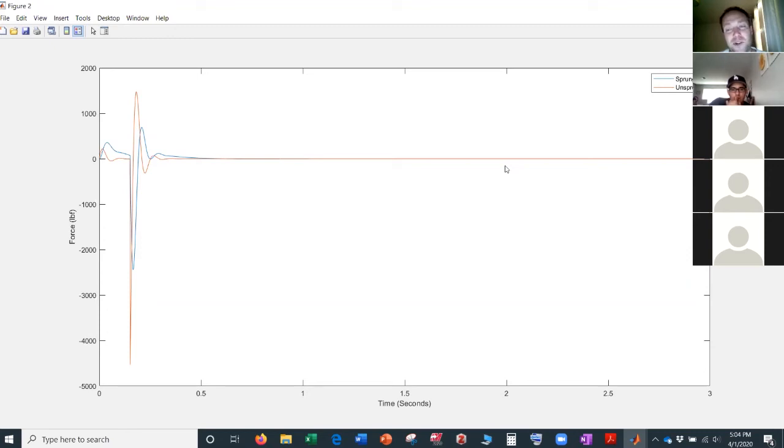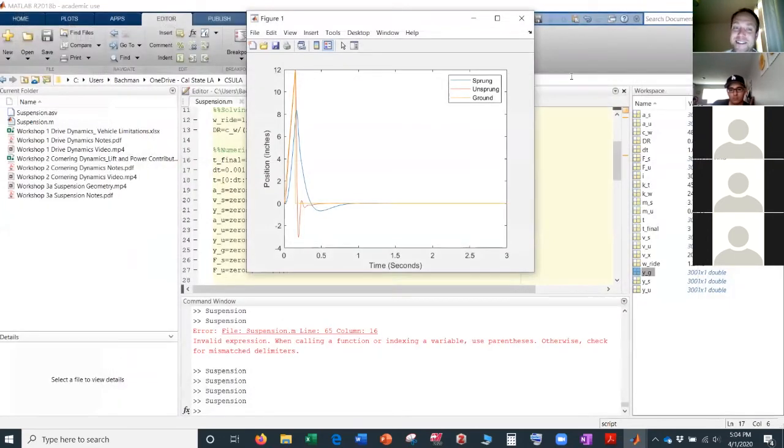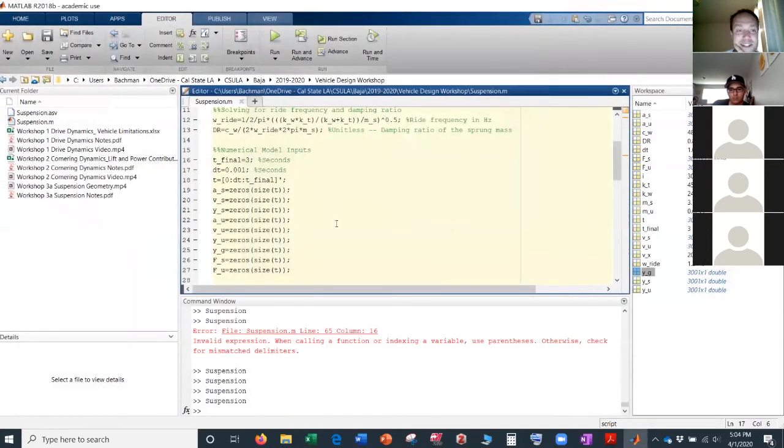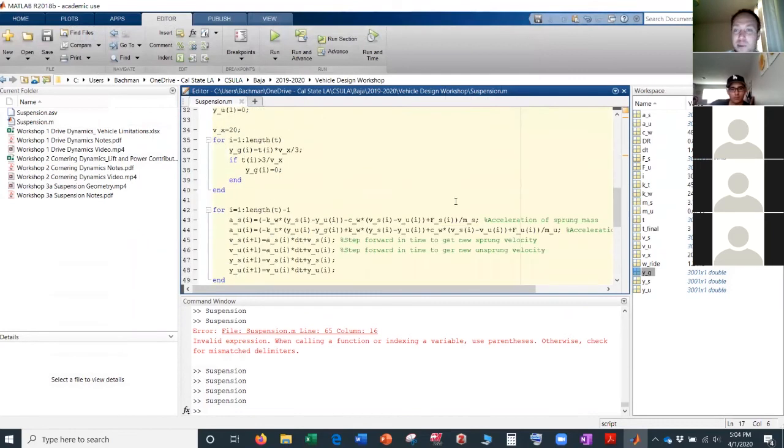To solve for the landing issue, let's see here. The negative acceleration of the unsprung mass should never be more than -g. So let's try to make it so it can't pull it down.